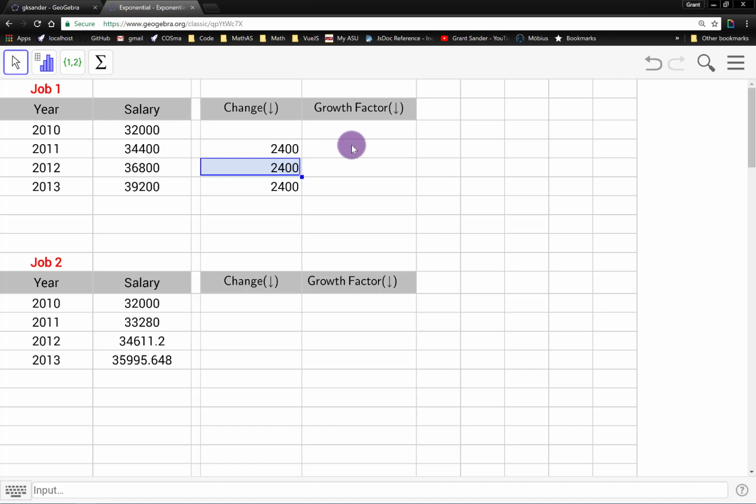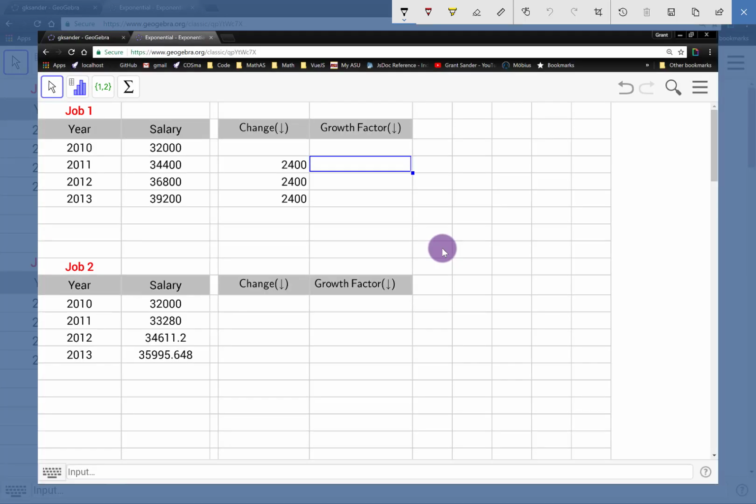Now, we could also compute the growth factor for each year. So for example, from 2010 to 2011, the salary increased from $32,000 to $34,400, and so that salary became this number of times as large. We could just find that ratio of values to determine how many times as large it became.